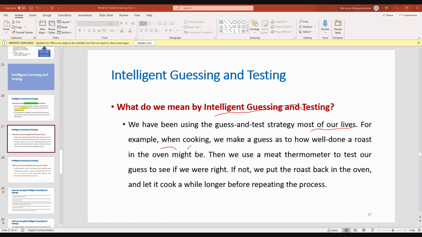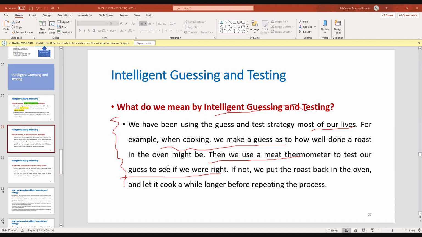For cooking, a thermometer tests our guess to see if we were right. If not, we put the roast back in the oven. So this is an example, cooking. If you are cooking something, you will maybe increase or decrease the temperature based on the meat.